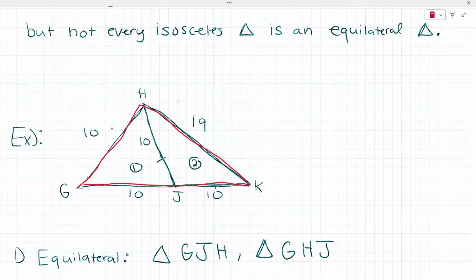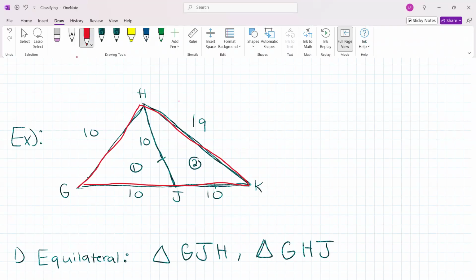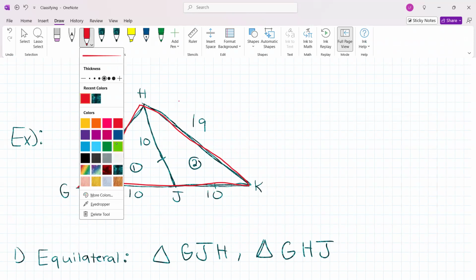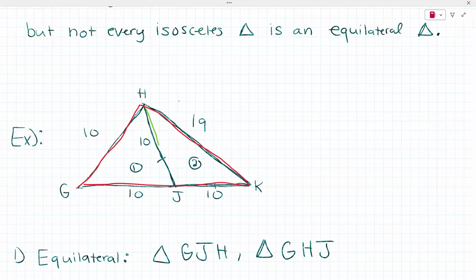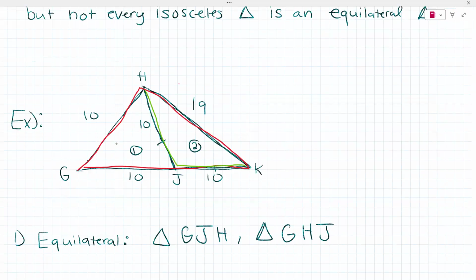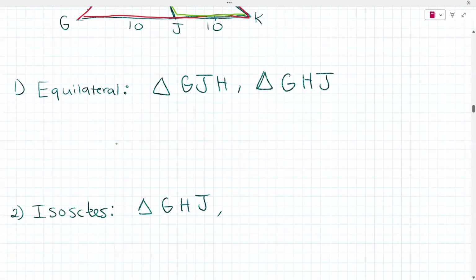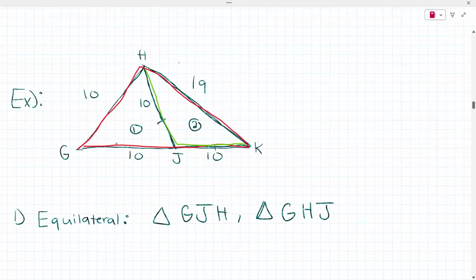And then I think you can also use this triangle right here. Okay, so yes, you can express it as triangle GHJ and triangle HJK. Okay.